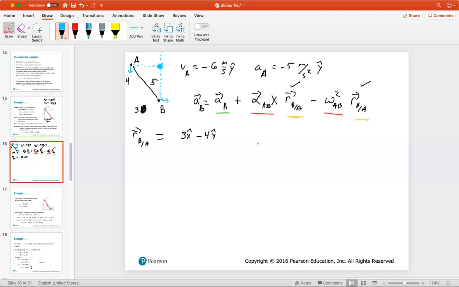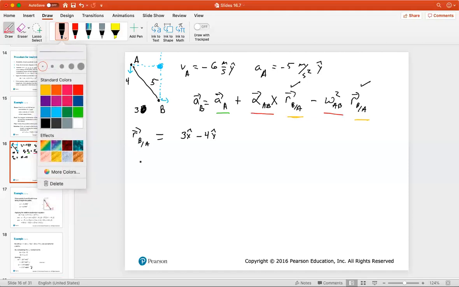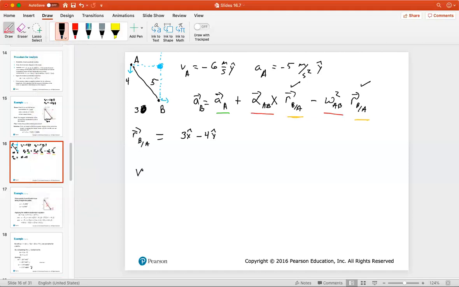And so I know, in particular, that the velocity of A equals omega cross r of A relative to the instantaneous center, or since really I just care about the magnitude anyway, you could just take magnitudes of everything.